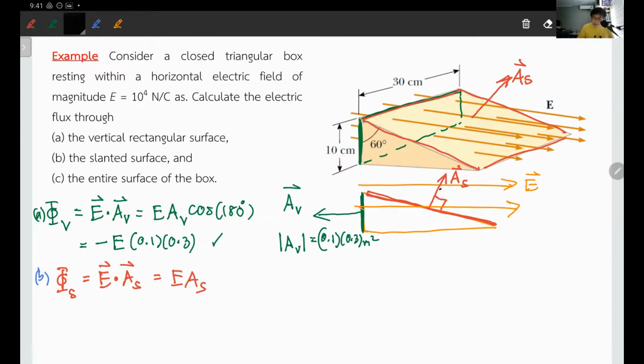Okay, John, let's call this your theta. That is the angle between the vector E and the vector A sub S. So you just have to put your cosine theta right here. Okay, very nice.